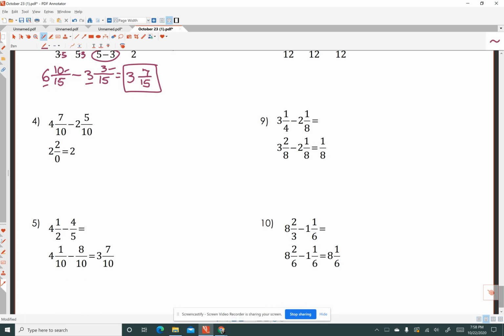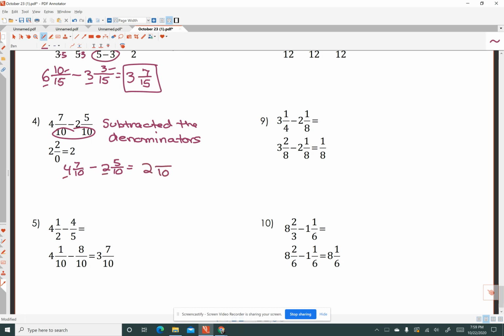So number 4, it looks like they subtracted the denominators. We're not supposed to do that. So they subtracted the denominators. So 4 and 7/10 minus 2 and 5/10. 4 minus 2 is 2.